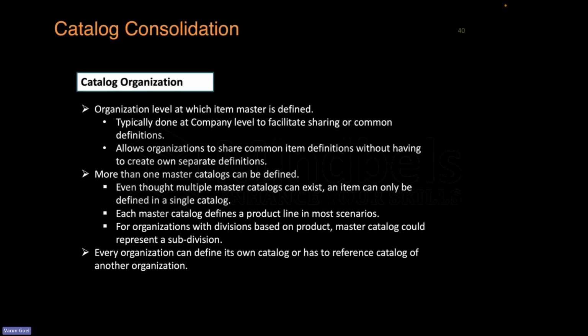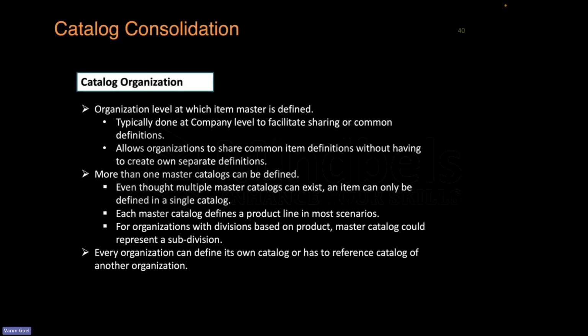For organizations with divisions based on product, master catalog could represent a subdivision. So there are many organizations which have divisions based on products. As I gave an example, apparel, footwear, food and beverage. Master catalog could represent a subdivision, which means a master catalog can have subdivisions, and you can basically consider those subdivisions as a master catalog, and you can use them.